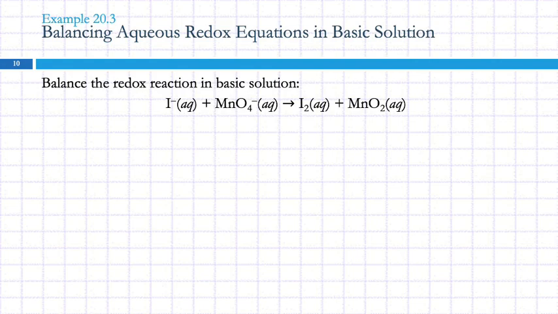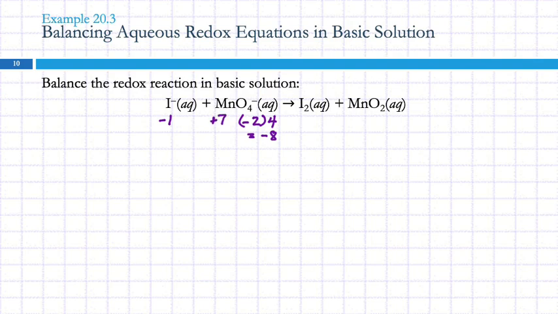So let's just go over our oxidation states. What's the oxidation state for I minus? -1. Here I have permanganate ion. What do I do here? The oxygen is going to be -2, and there's 4 of them, right? So that's -8. Overall -1 charge, so this has to be +7.